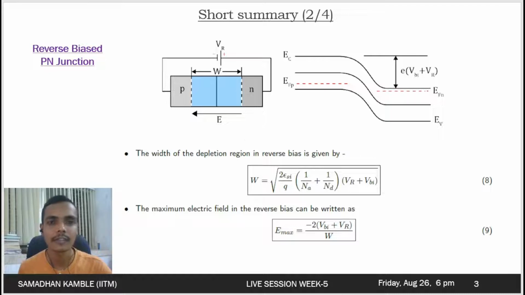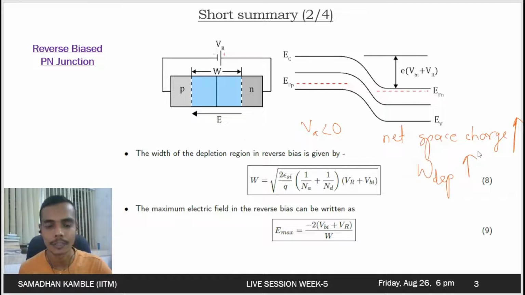Going to the second slide for the summary. Here we consider the reverse bias PN junction. In the reverse bias case, the voltage applied is negative and the majority carriers move out of the PN junction, and hence the net space charge increases, and the depletion width also increases.